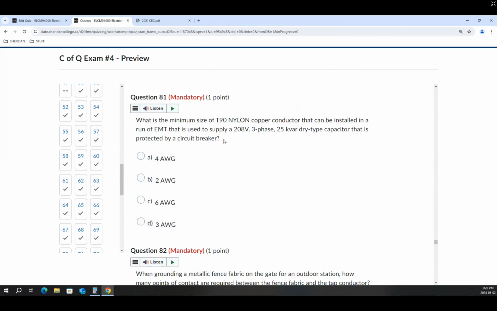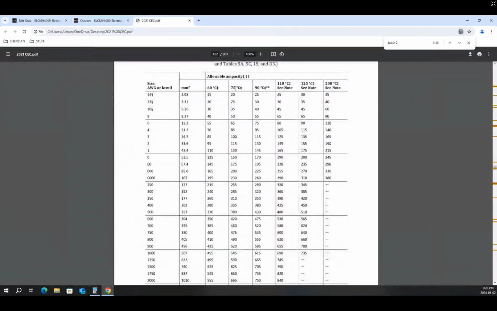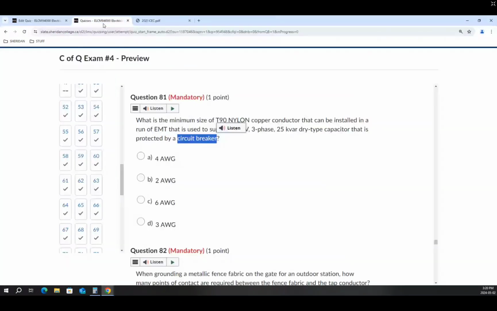Oh, because the circuit breaker has a 75-degree termination. So we notice the circuit breaker has a 75-degree termination. So that's why we're looking at the 75-degree column.